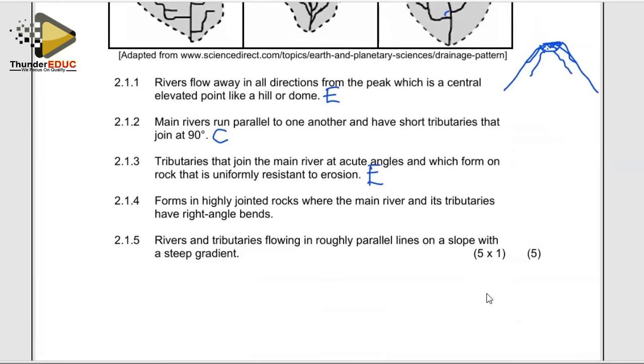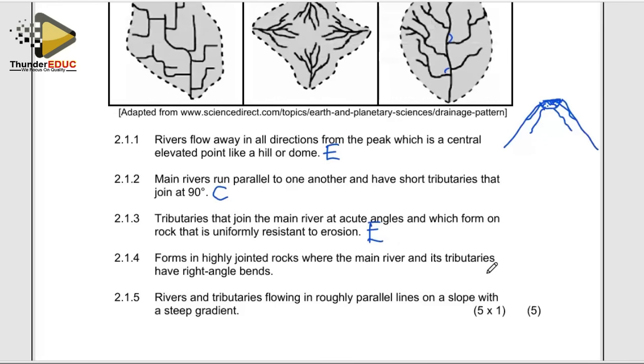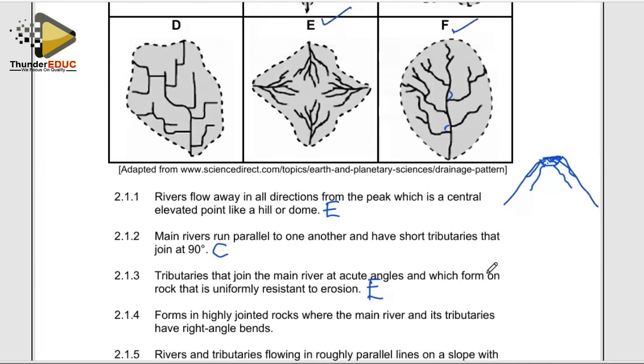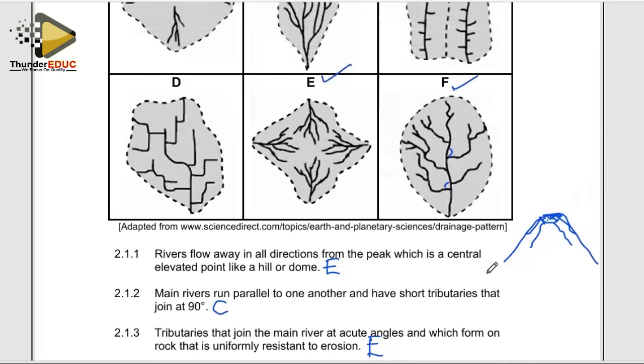Then number 4, forms in highly jointed rocks where the main river and its tributaries have right angle bends. Highly jointed rocks, main river and its tributaries have right angled bends. We can see that this is a right angle, this is a right angle, those ones are slightly right angles.